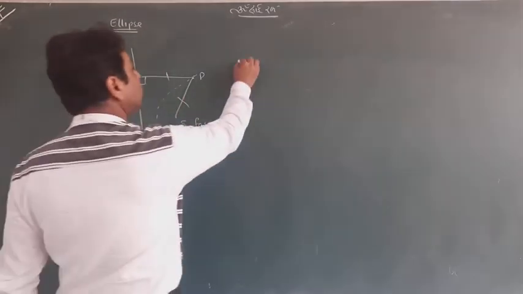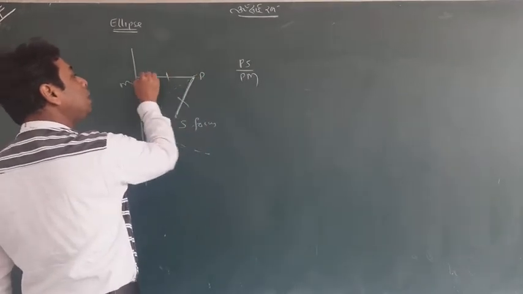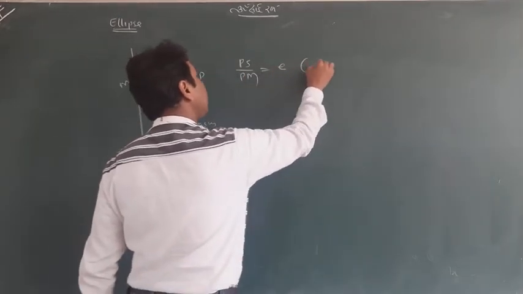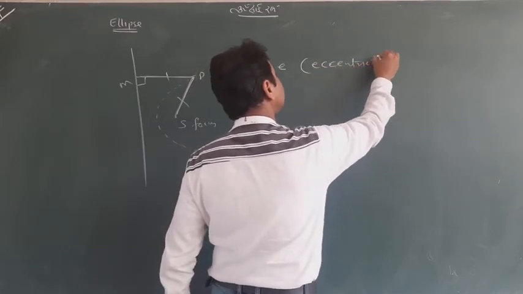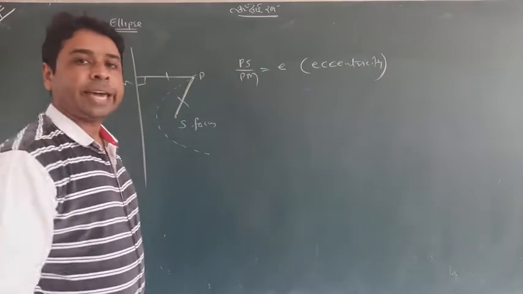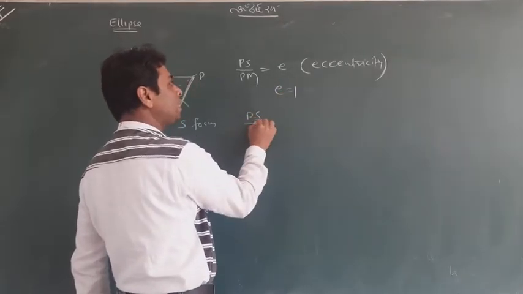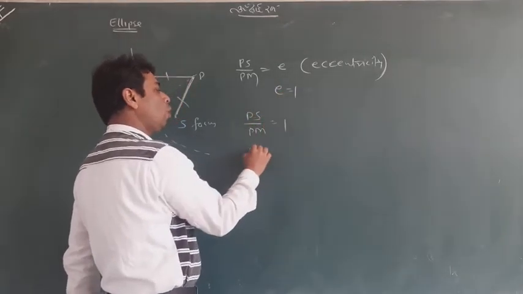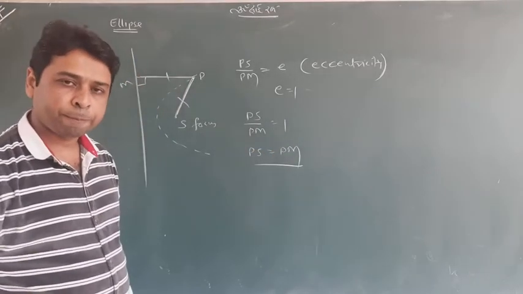I taught you that PS upon PM is always called E, and E is called eccentricity. In the case of a parabola E is always 1. So we get PS upon PM is 1, or PS equal to PM. That is the initial definition of a parabola.